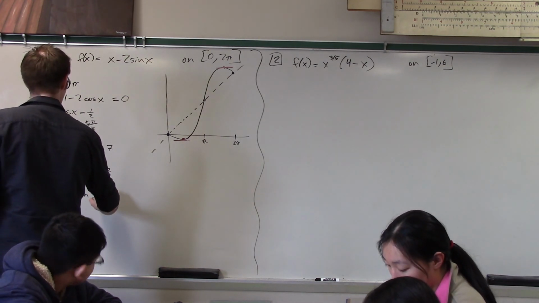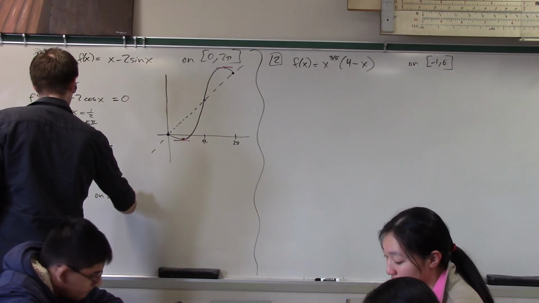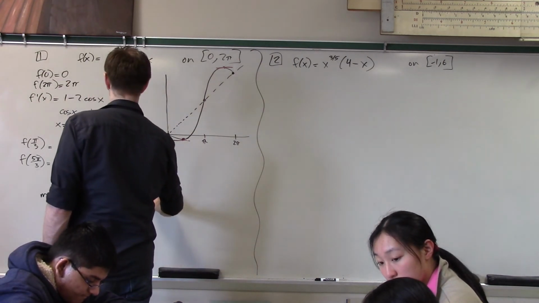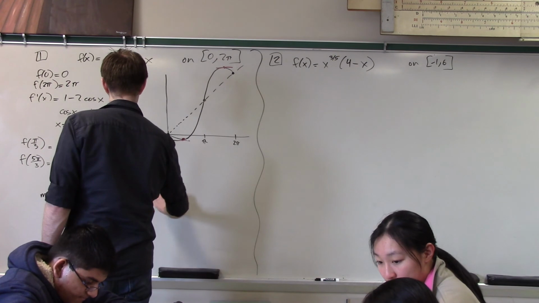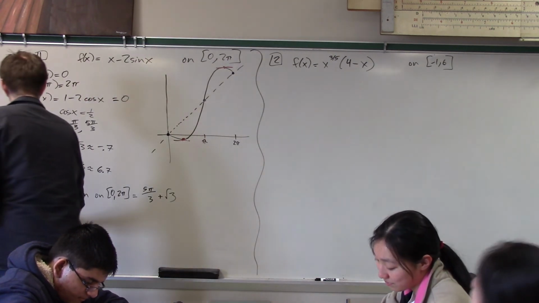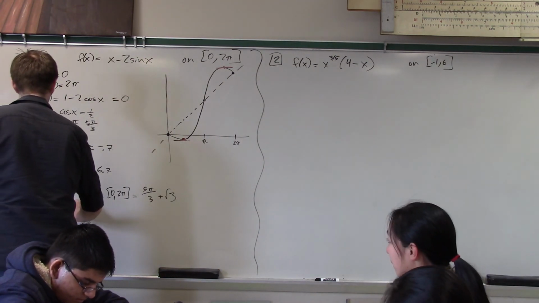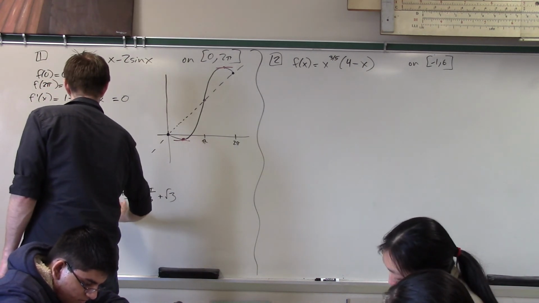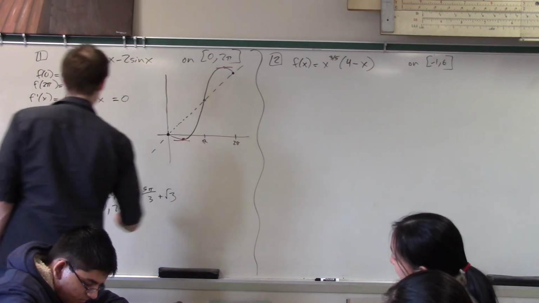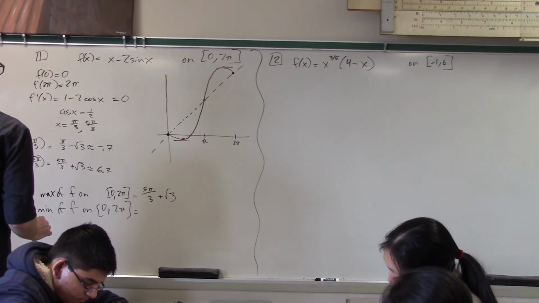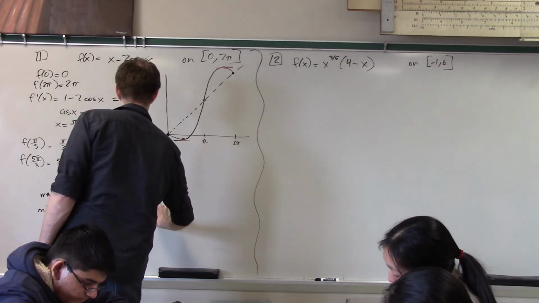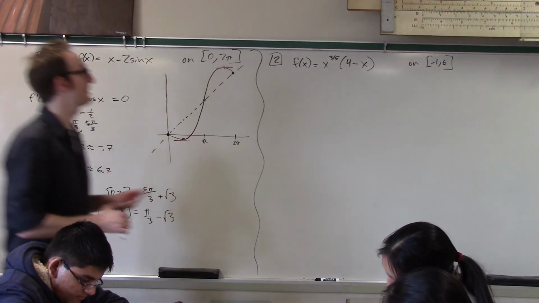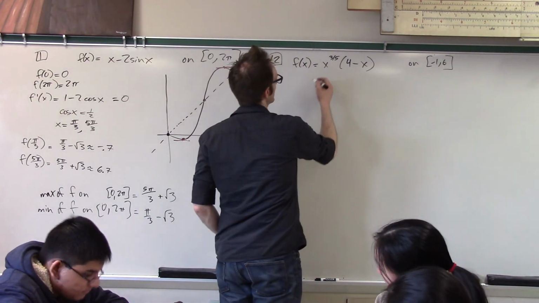Yeah, the max of f on the interval 0 to 2 pi is 5 pi over 3 plus root 3, and the min of f on the interval 0 to 2 pi is just that one, pi over 3 minus root 3. Someone following this? How about this one?